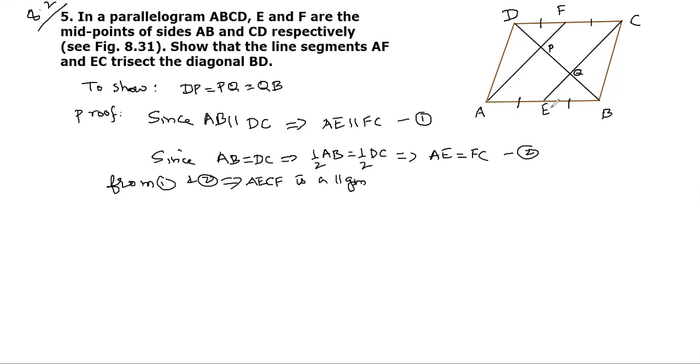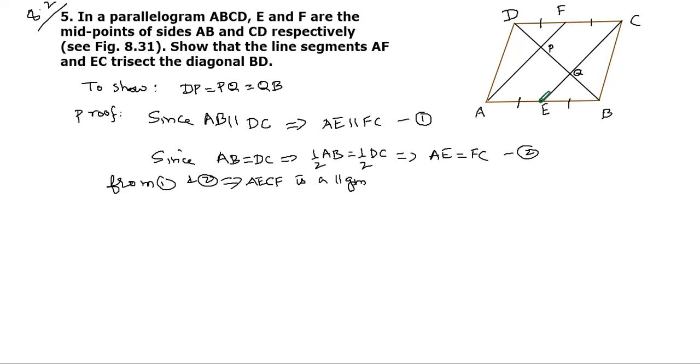Why are we showing it is a parallelogram? Because when we have shown that these are parallel lines, then EQ is parallel to AP. Now this is a parallelogram.